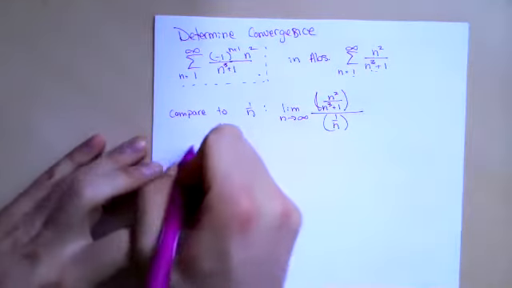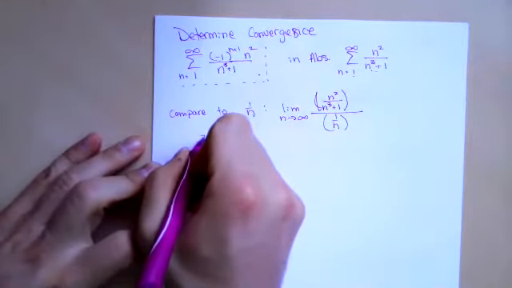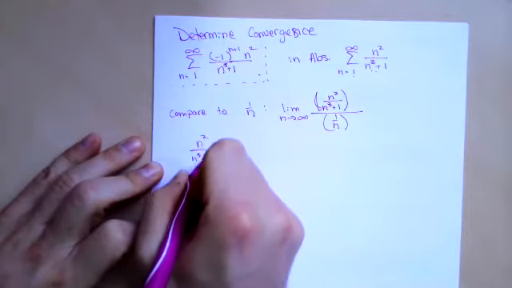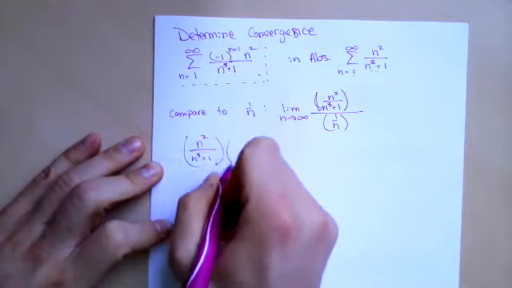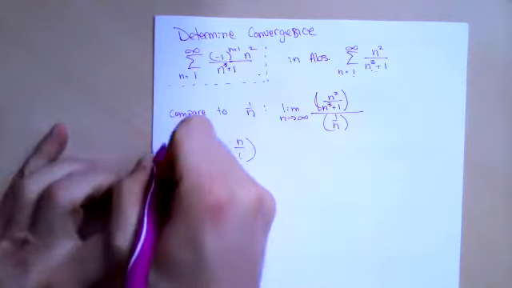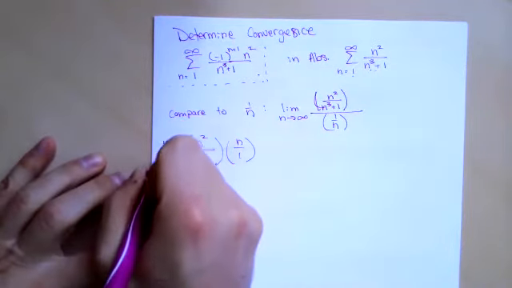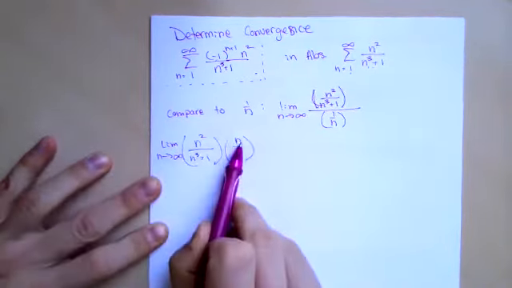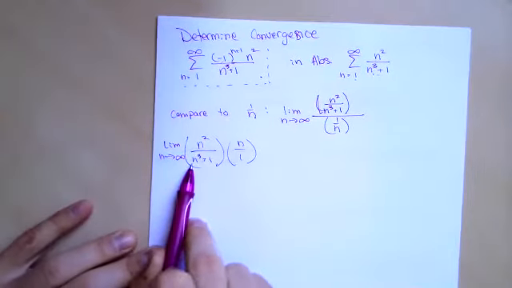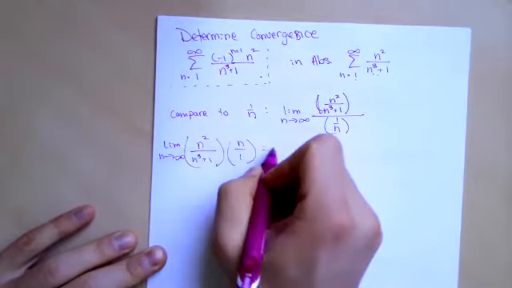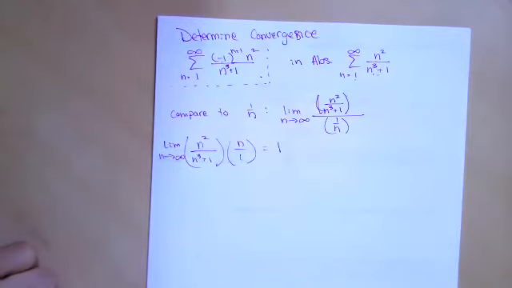Compute that limit real quick. We'll have n squared over n cubed plus 1 times n over 1. We've got to compute our limit. Of course, now I'll have an n cubed in the numerator, n cubed in the denominator. And so our limit is going to go to the ratio of the coefficients, which is just 1.